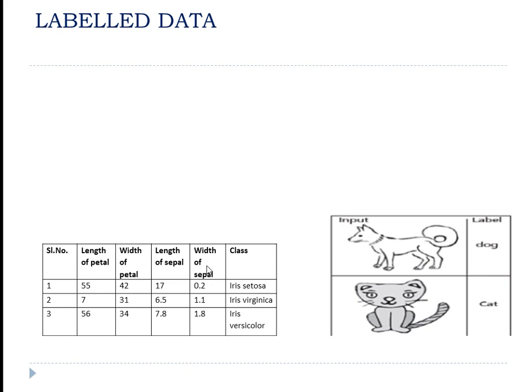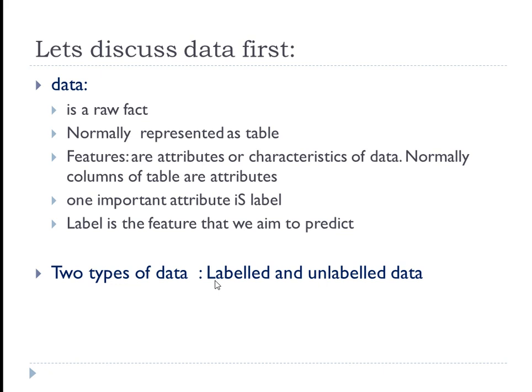These are the features, right? And class is nothing but the label. The goal of machine learning is to identify which flower it is based upon these characteristics or attributes: the length and width of the petal, and the length and width of the sepal.